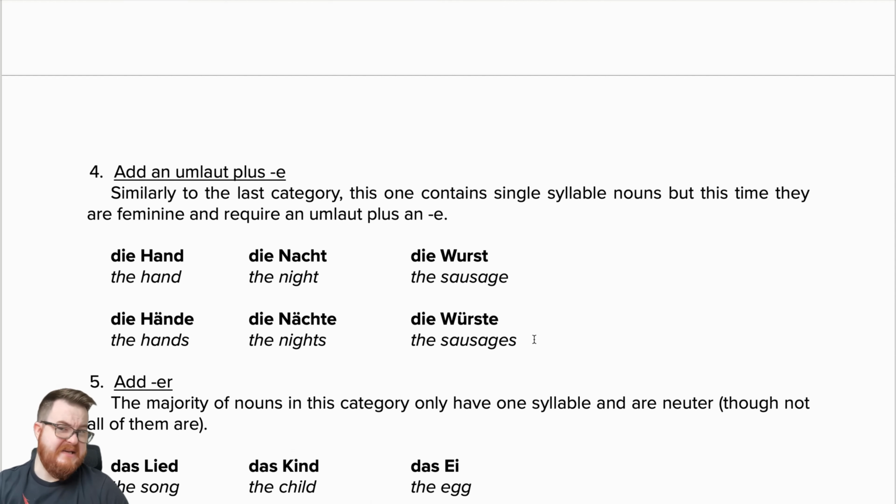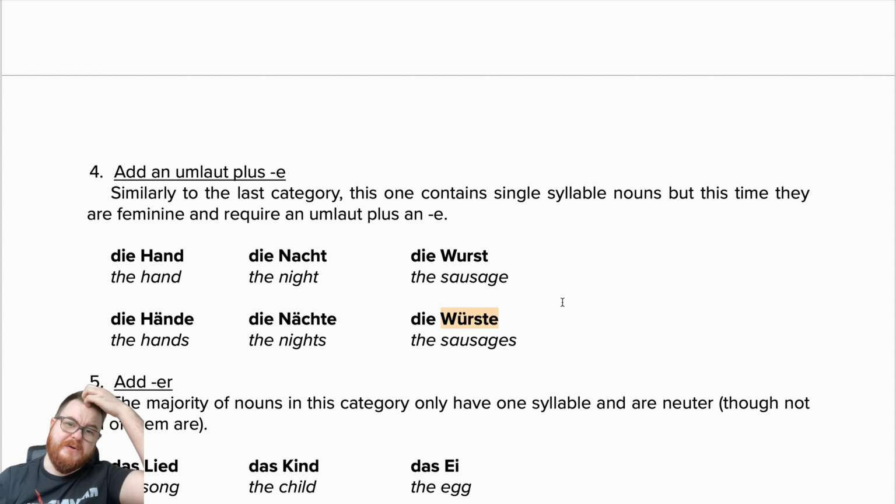Category 4, umlaut plus E. Similarly to the last category, it's also single syllable nouns, but this time they're usually, not always, feminine. They need an umlaut and an E. So die Hand becomes die Hände, die Nacht becomes die Nächte, die Wurst becomes die Würste.